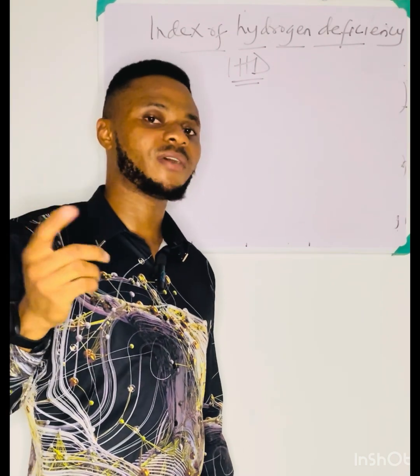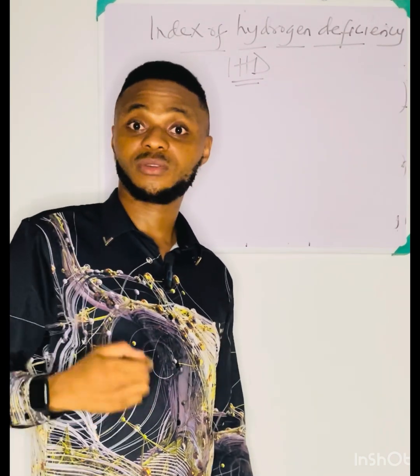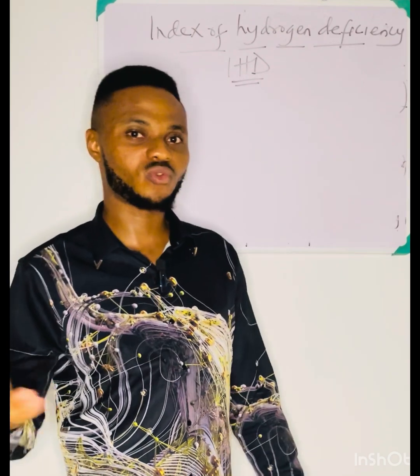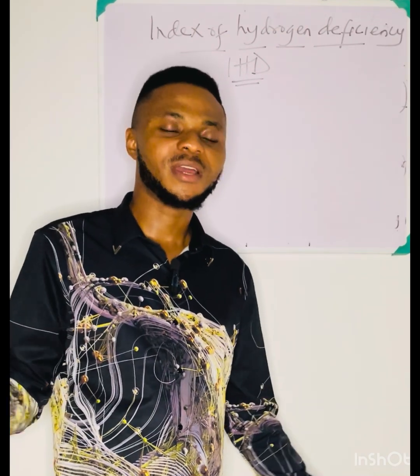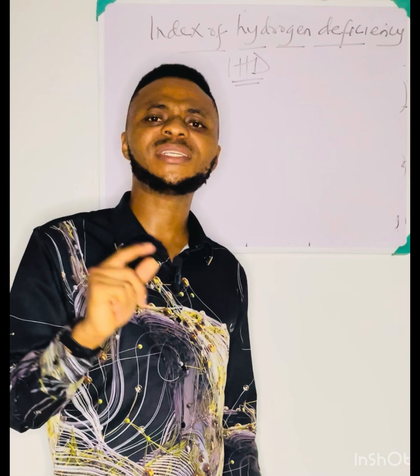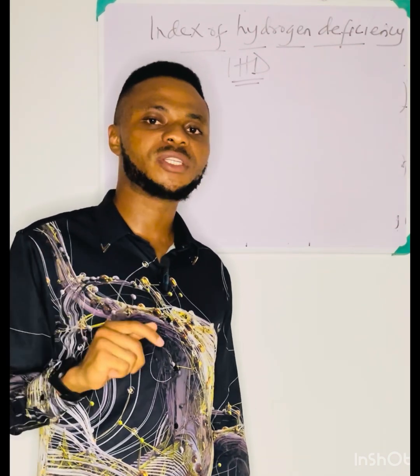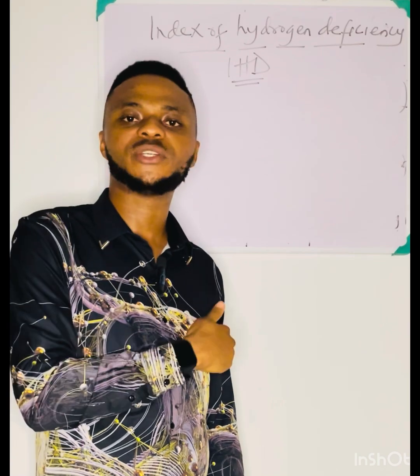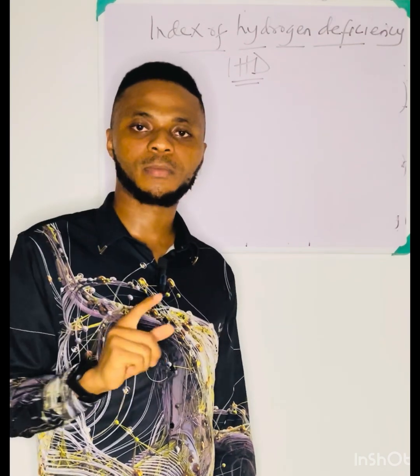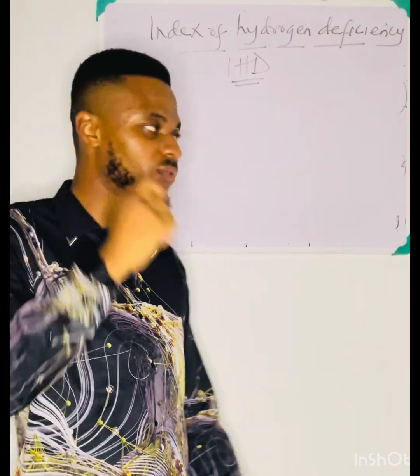But if you have a negative value, for instance, -1 means that it has an excess of 1, -2, excess of 2, -3, excess of 3. So IHD is a very important tool in properly analyzing the accuracy of the numerical strength of hydrogen atoms in an organic compound. So let's delve quickly into it.